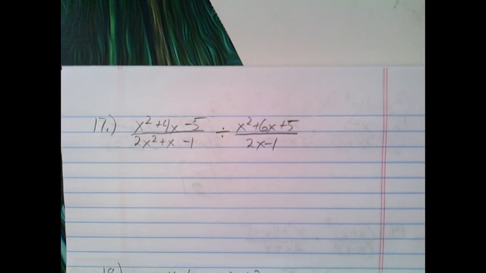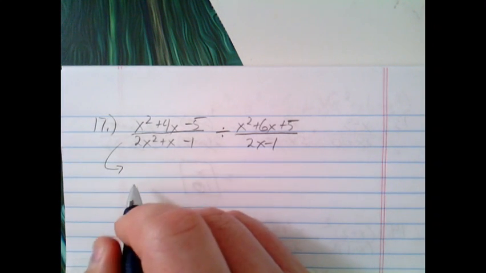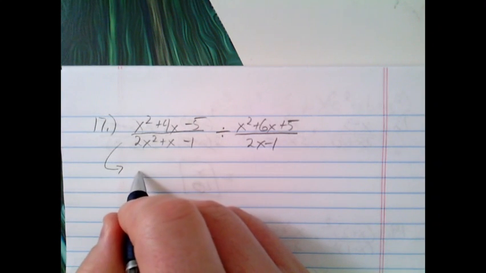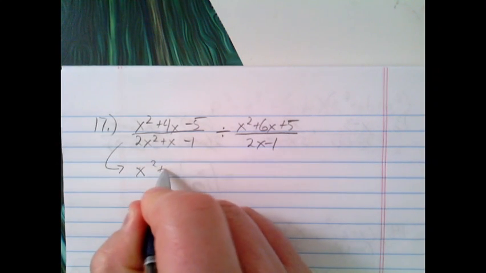Okay, so another division problem. So again, I think I'll begin by recasting this as a multiplication problem. Okay, so I want to flip over the second fraction, the one I'm dividing by.